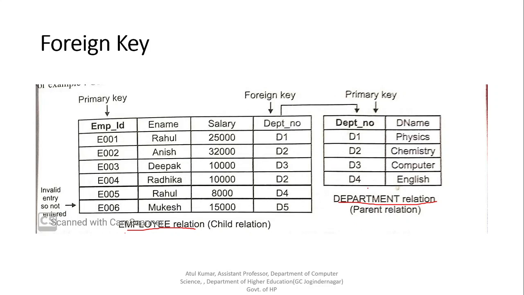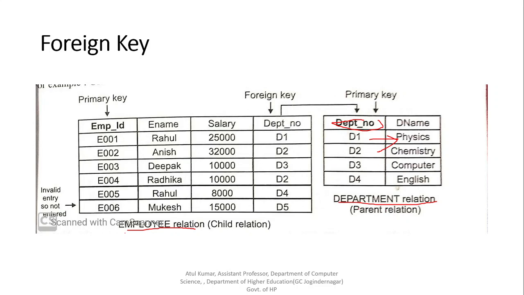The department relation is the primary relation, as it contains two attributes: department number and department name. D1 is physics, D2 stands for chemistry, D3 for computer, and D4 for English. The primary key for this department is department number, as it uniquely identifies each row in the department.